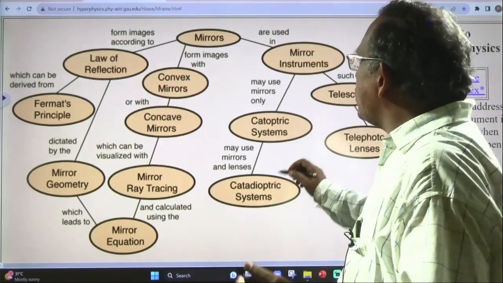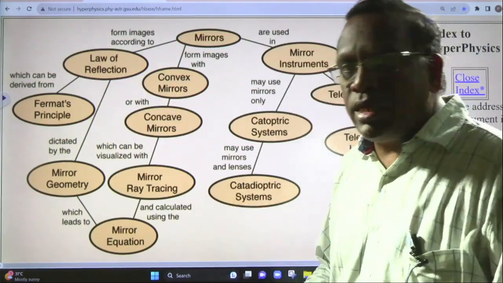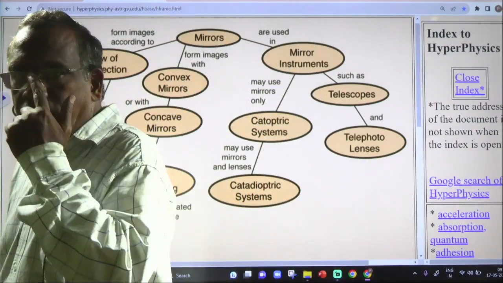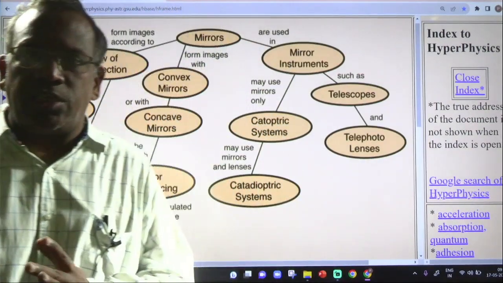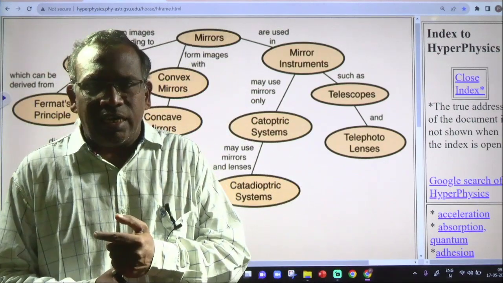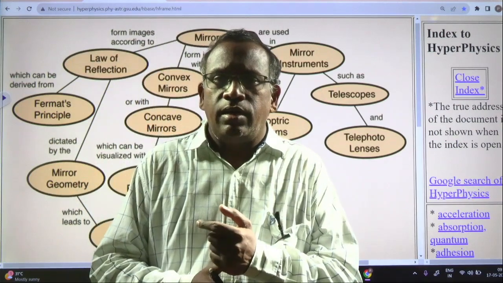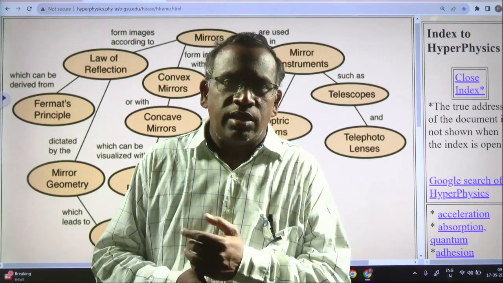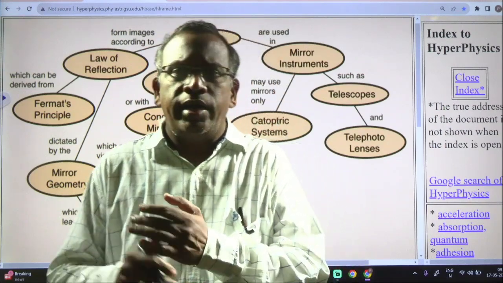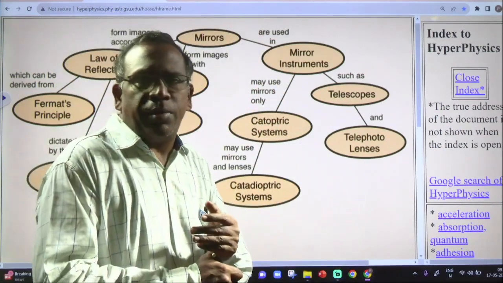In the mirror concepts, mirrors basically work under the law of reflection. What is the law of reflection? The incident ray, reflected ray and normal all lie in the same plane.